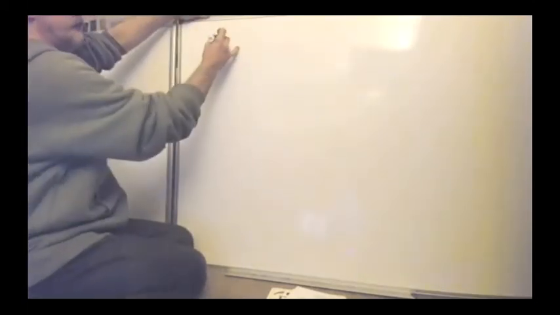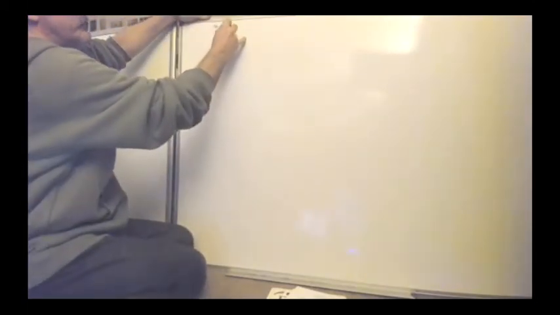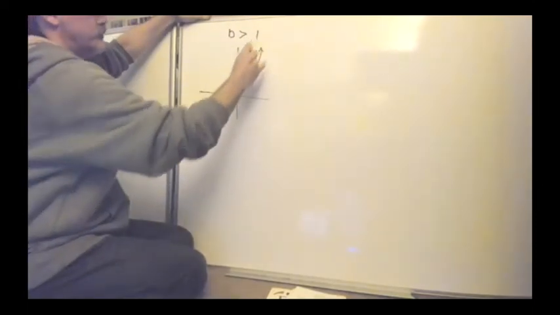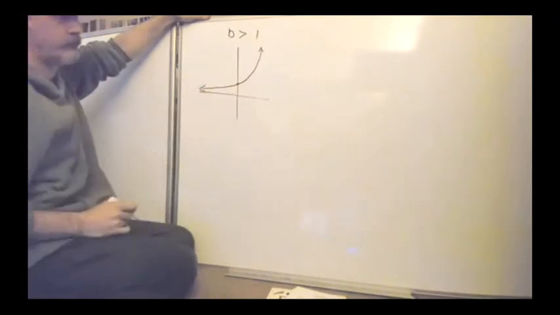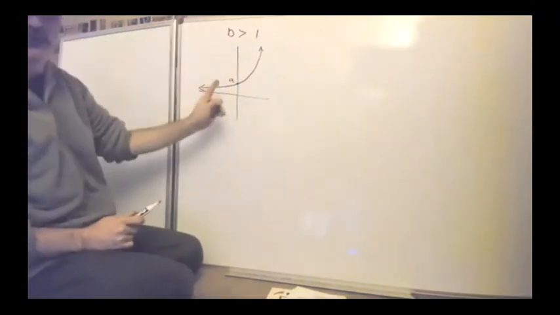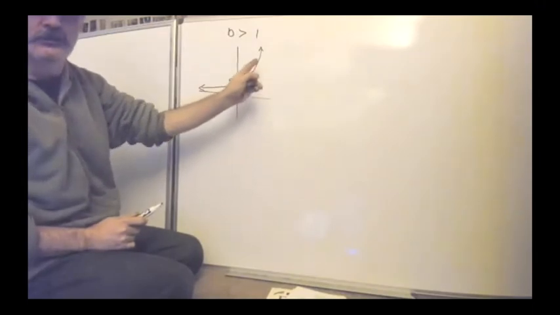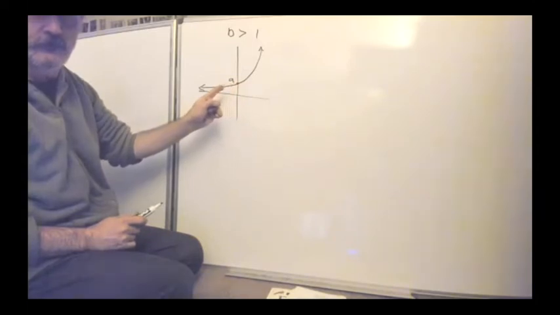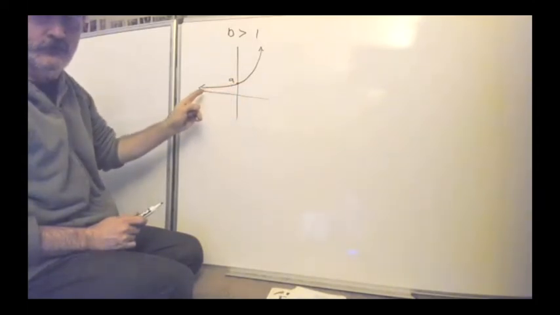Well, we already looked at the graphs earlier. So if you have a growth factor or a base greater than 1, then the graph is going to look like this. And this would have been the A value. And so it's growing as it goes to the right, and as it goes to the left, it gets smaller.